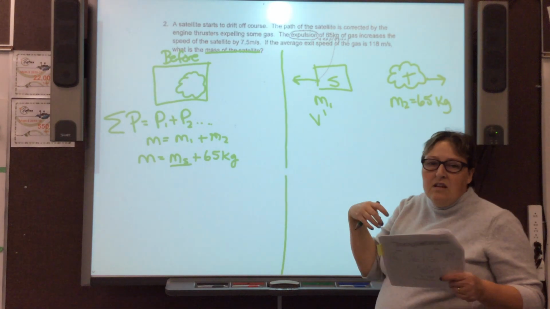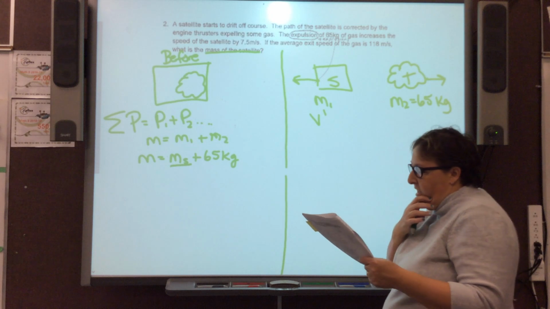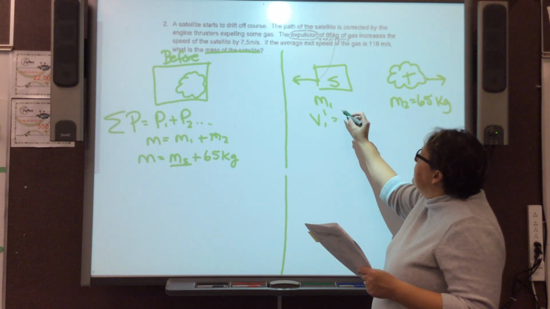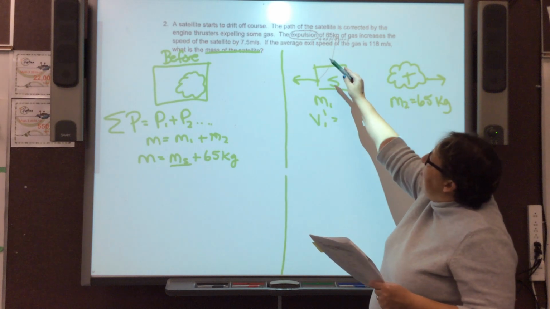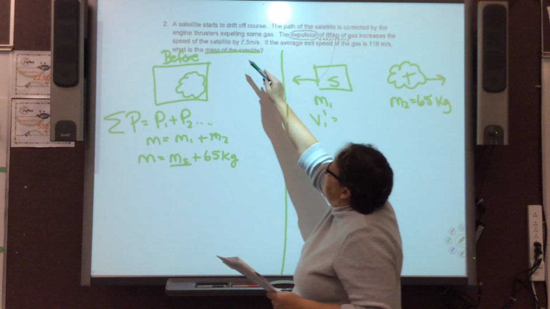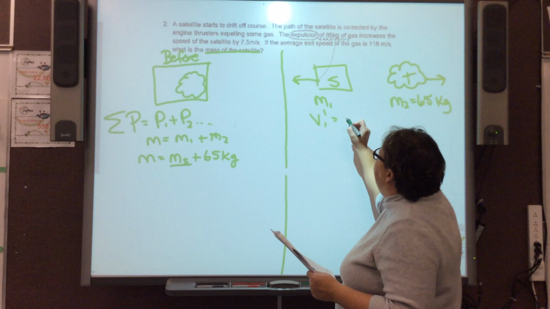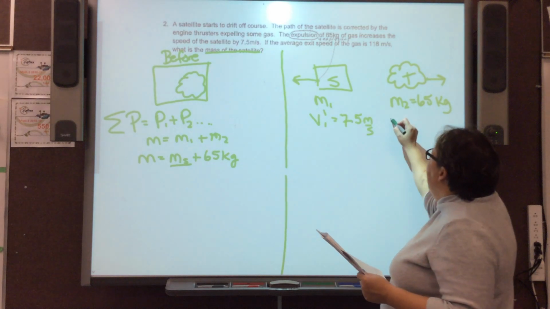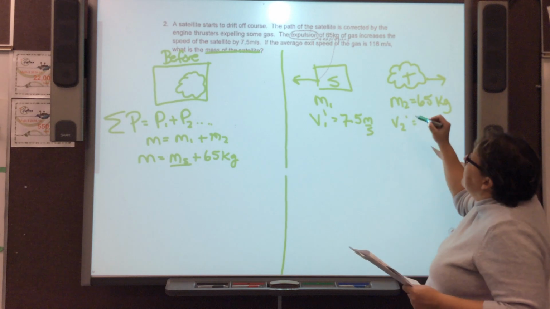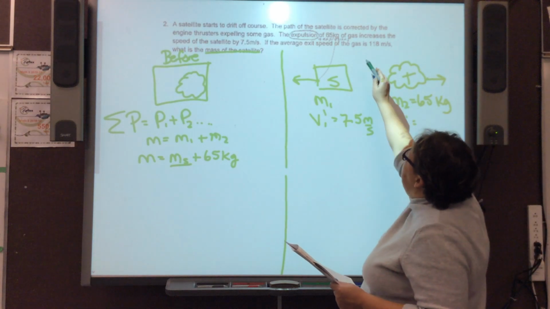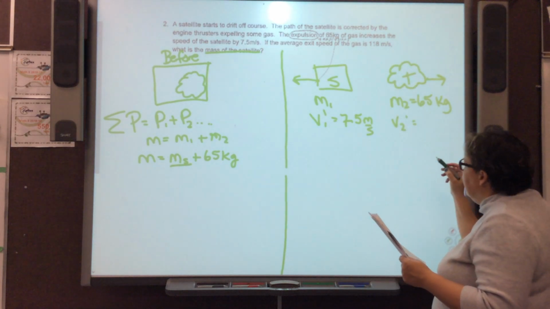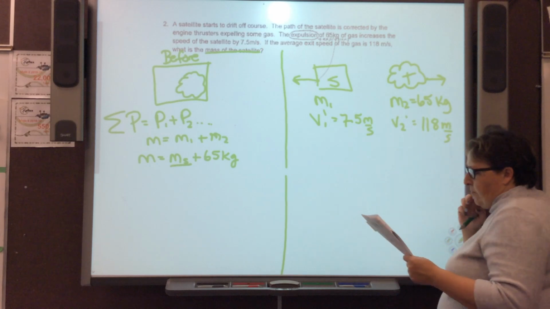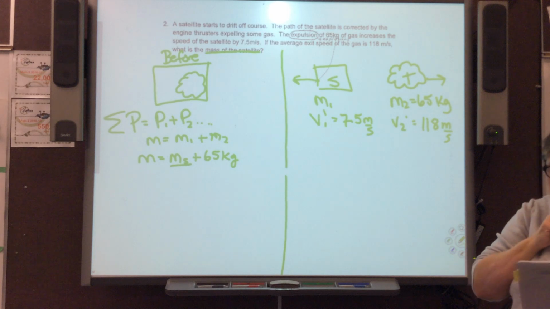So prime means it's our second velocity. So this is velocity 1 prime is equal to, this increases the speed of the satellite by 7.5. And V2 prime says exit speed of the gas is 118. Okay? Make sense?